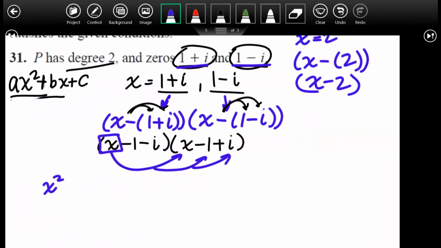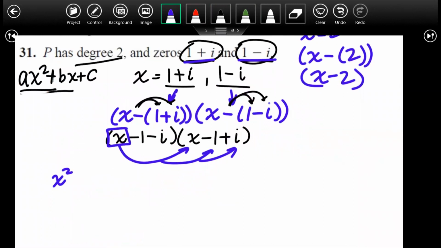Now, continuing this idea, we're going to get our middle terms. Our x times 1 is negative x, and then our last term is plus xi. That is our first term there. We're going to do our next one with minus 1. This will be negative x with our first term, plus 1, and our last one will be plus minus i.